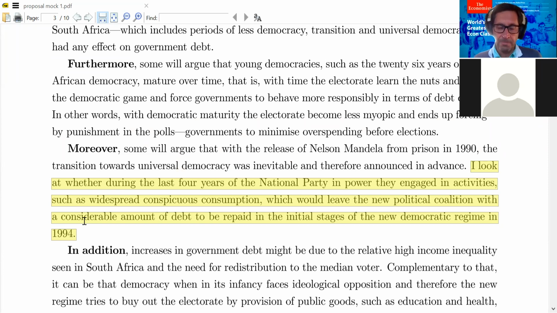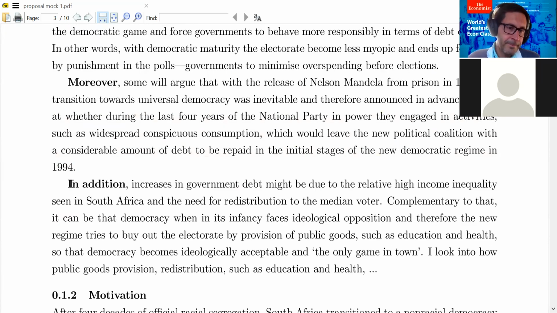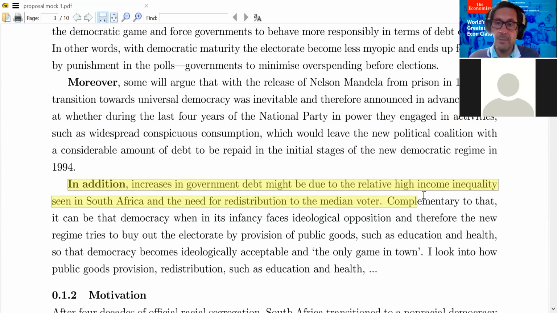question to investigate, right? In addition, increases in government debt might be due to the relatively high income inequality seen in South Africa and the need for redistribution to the median voter.